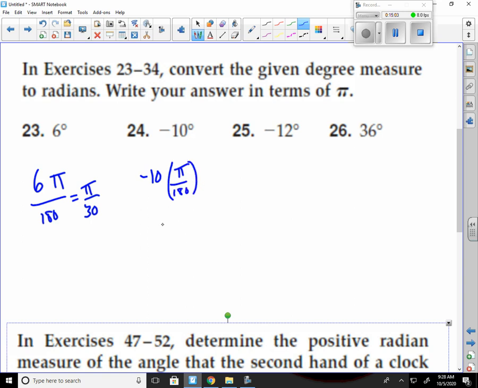That gives you negative pi over 18. Negative 12 times pi over 180. I can just reduce this. It's going to give me negative pi over 15.